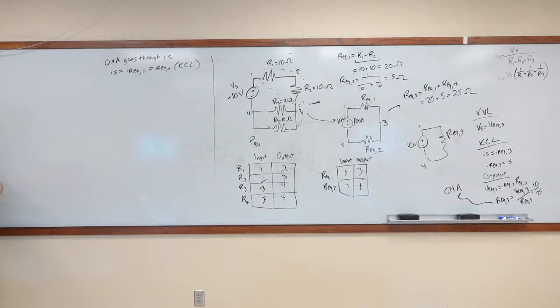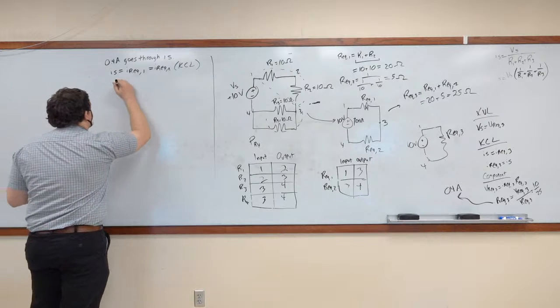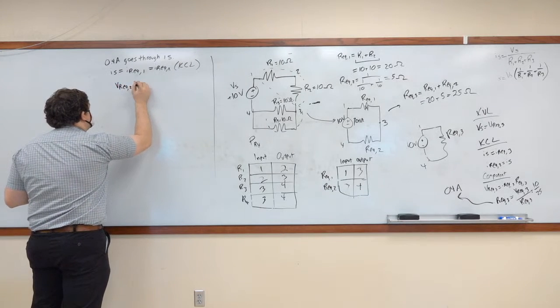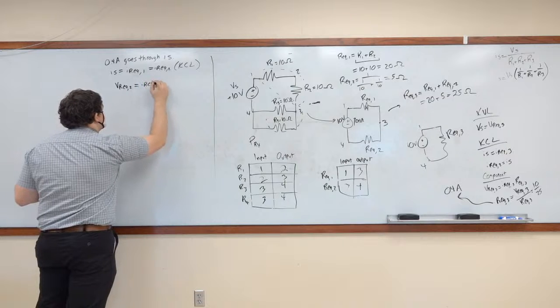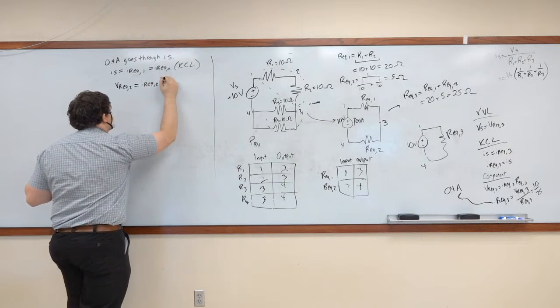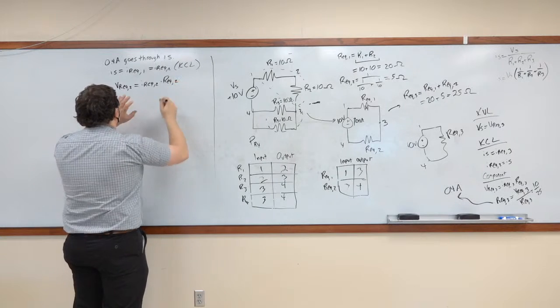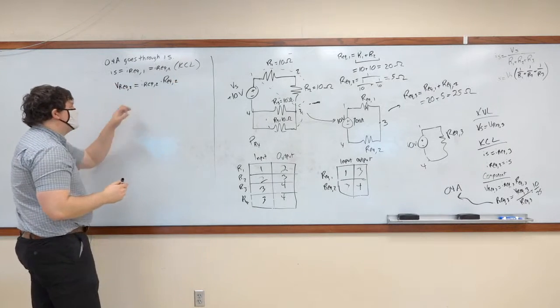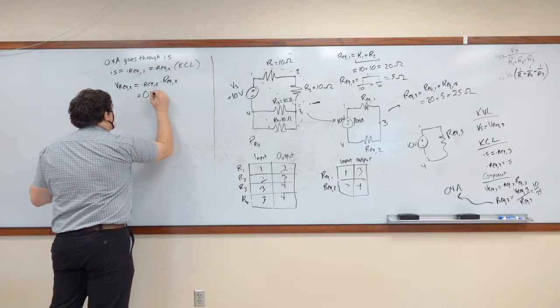Okay? So, VREQ2 is equal to IREQ2 times REQ2. We know that this is equal to 0.4 amps.